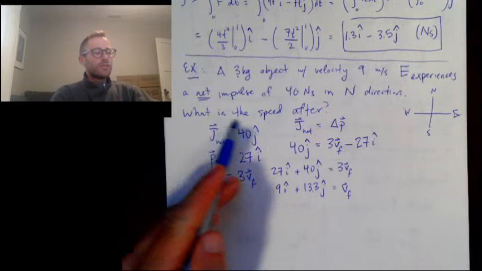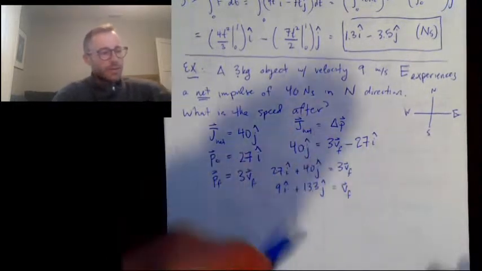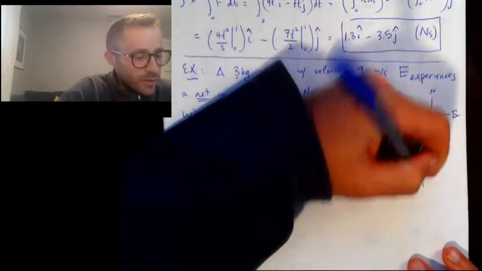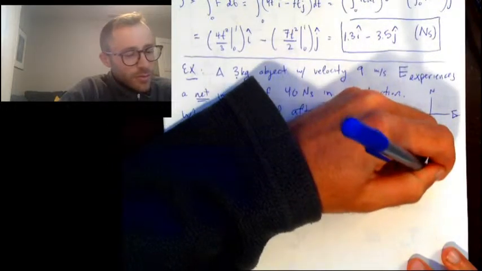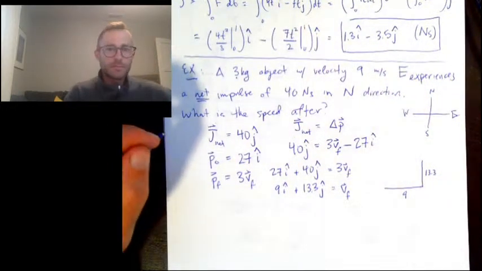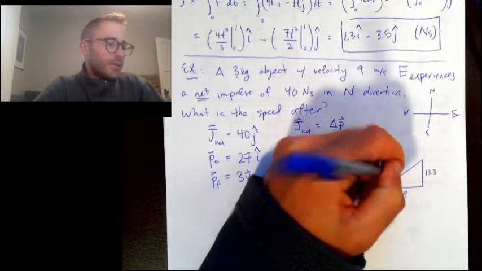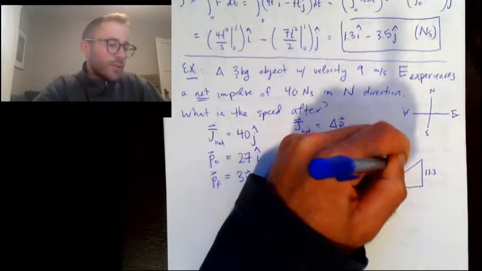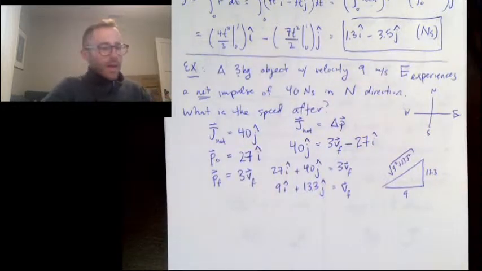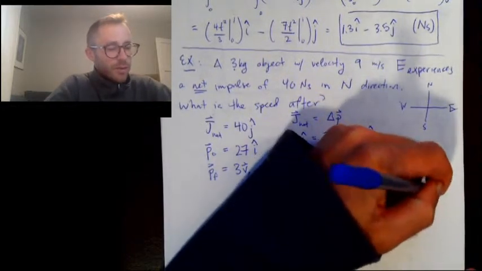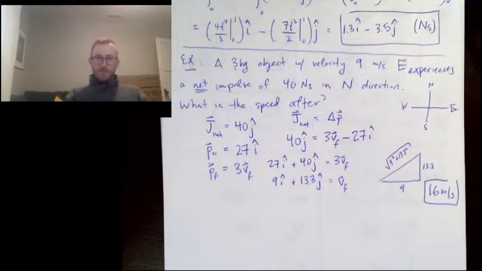I asked, what is the speed after? So we have this final velocity vector that goes over 9 and goes up 13.3. And the speed is the hypotenuse of that. So the speed is going to be the square root of 9 squared plus 13.3 squared. And that works out to be a final speed of about 16 meters per second.